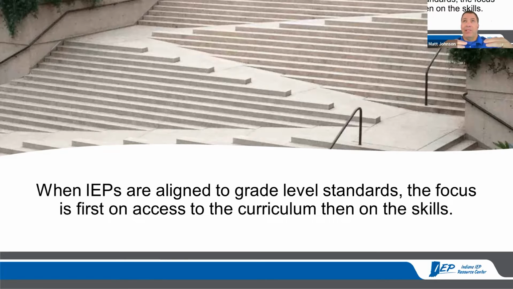So maybe the student is trying to improve their comprehension skills, trying to identify or circle or underline main ideas, or they're working on the writing pieces. So after they've read something, we want them to be able to write a short paragraph about that piece, or write out what the main idea was for that particular reading, whatever reading sample it happens to be. So we're working on those skills that the student needs. They will need to develop that toward that 6th grade standard. So that's what I mean by alignment.